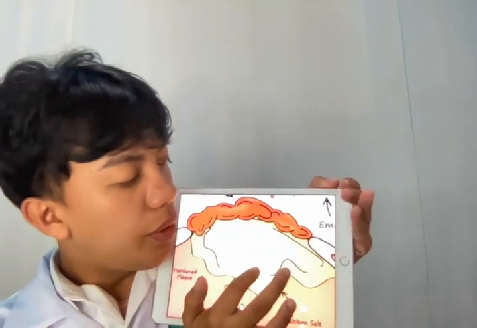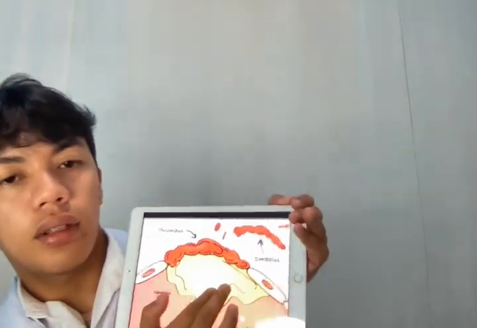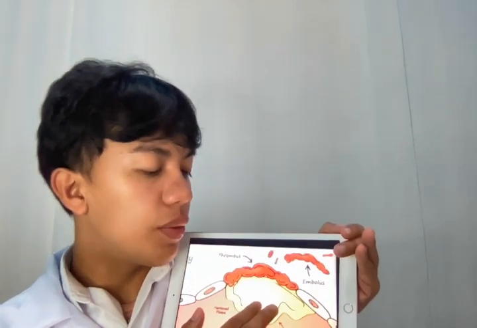For this reason, the plaque will accumulate calcium salts and more dead cells over time, and it will eventually harden. This plaque is what we now call atherosclerosis.